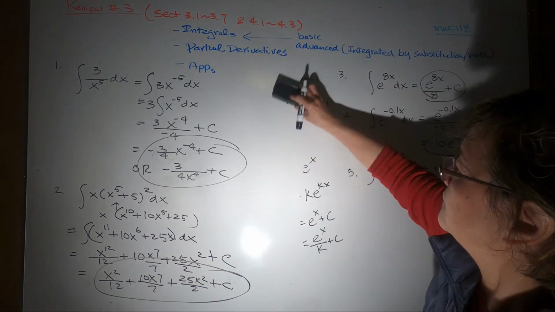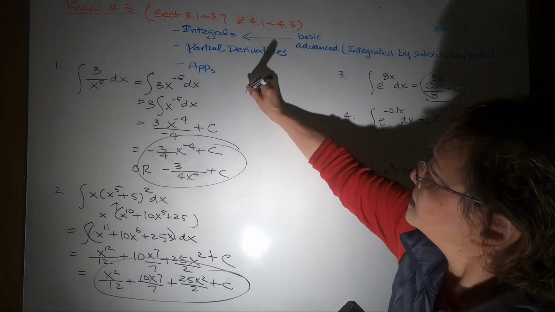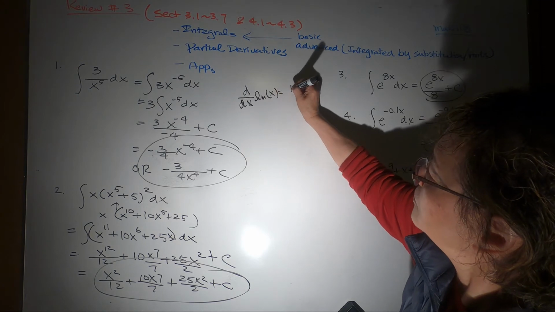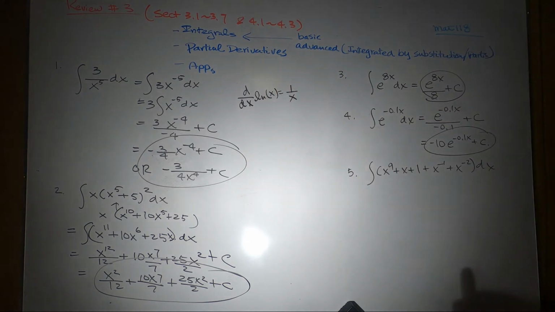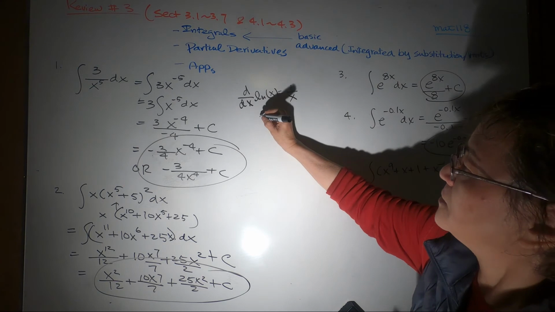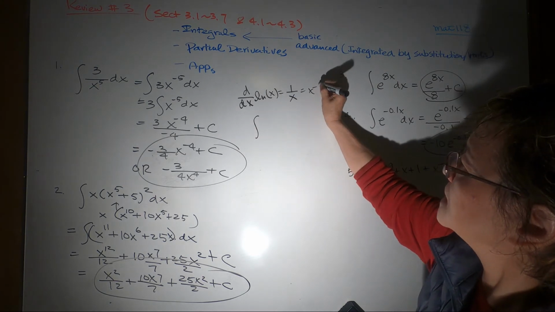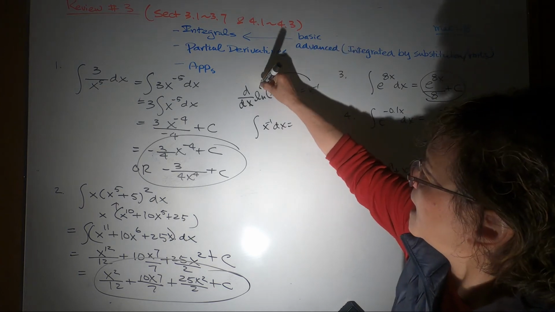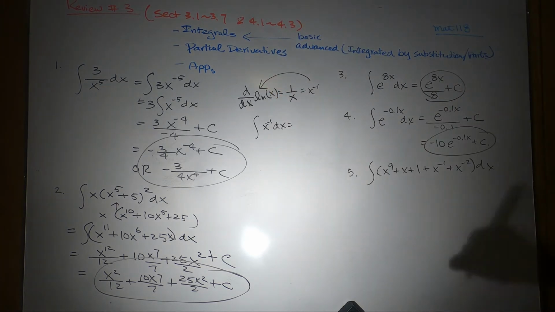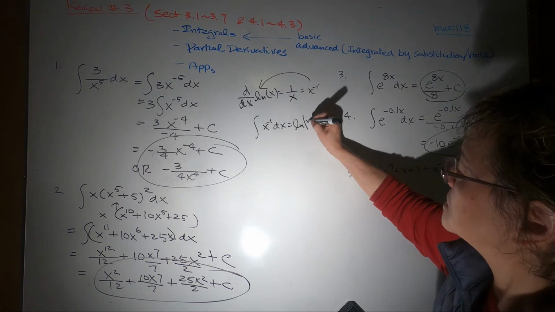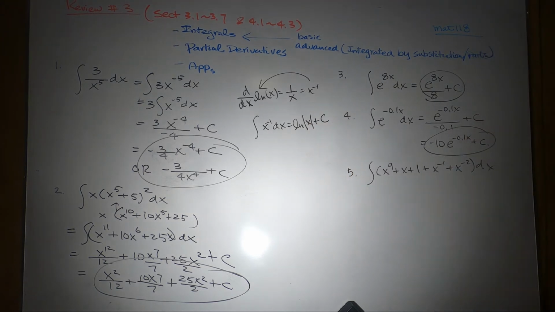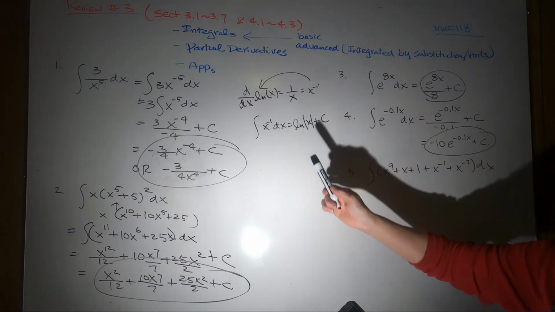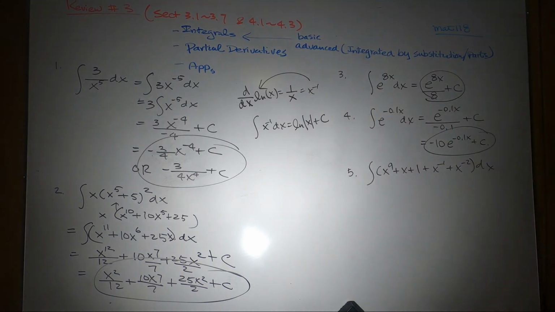If we take the derivative of natural log x, that will be 1 over x, right? So you do the opposite, that will be your x^(-1). If you do x^(-1) dx, you should go back to your log, right? But we use absolute value, because inside of the log has to be positive.